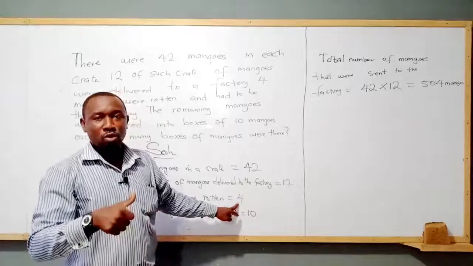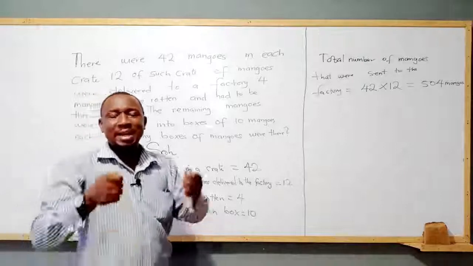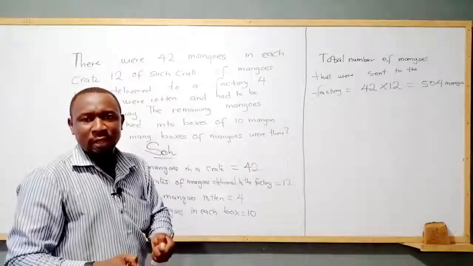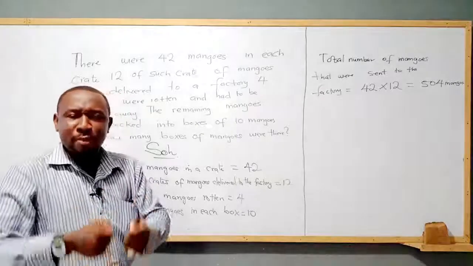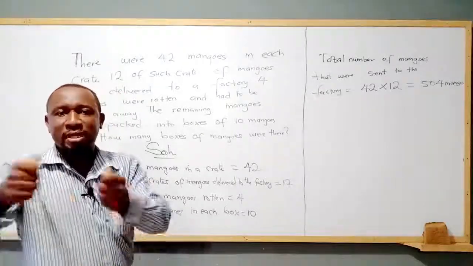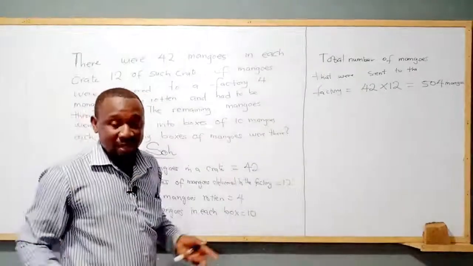So if 4 mangoes were rotten when it reached the factory, we need to know the number of mangoes that were actually carried by the people or sent to the processing unit, because rotten mangoes cannot be used to process anything.